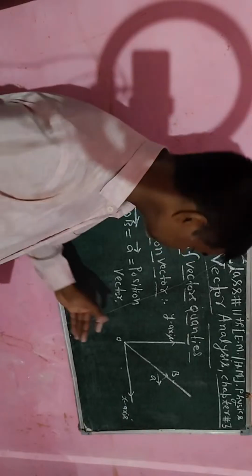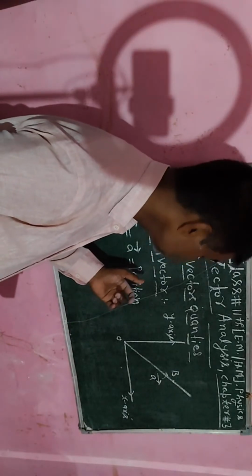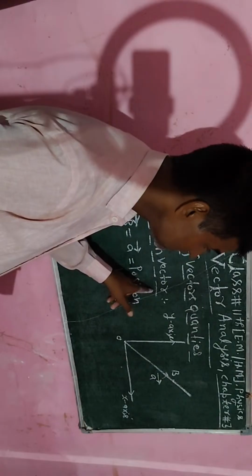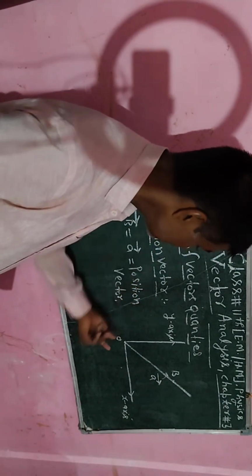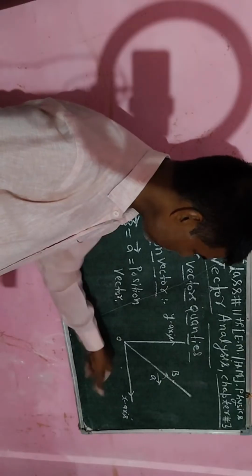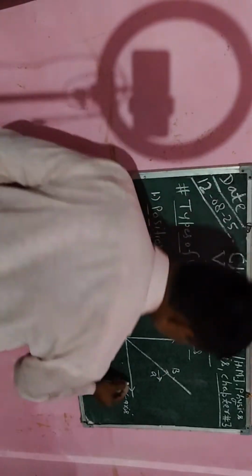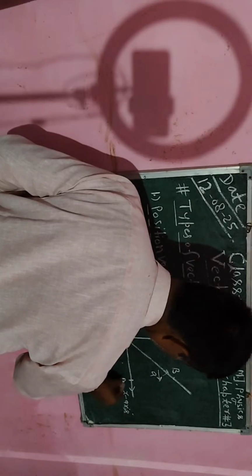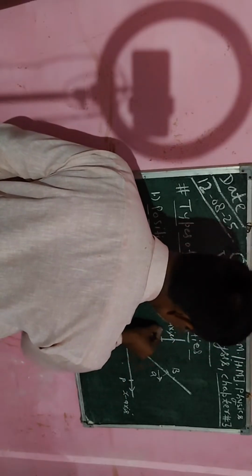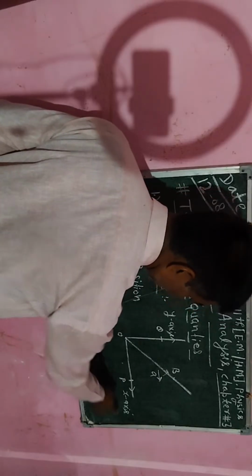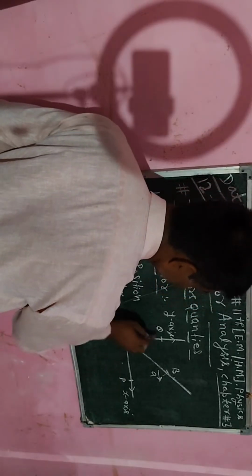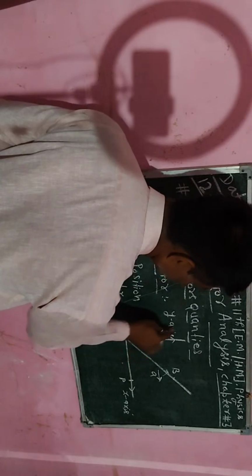Means स्थित राशियां. In other words, we can say that this is O, here I will say P, and here I will say Q. So here one vector is OP, that is along the x-axis, and OQ, that is along the y-axis.